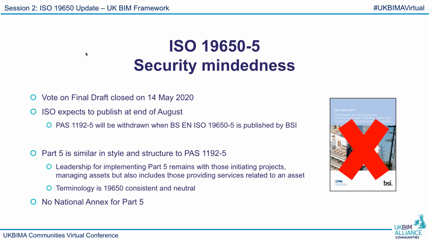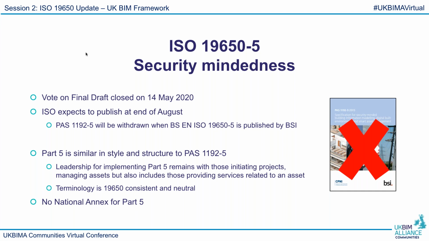Again, when it's published by ISO it will come down through CEN to BSI and then be published as the UK version, BS EN ISO 19650-5, and then PAS Part 5 will be withdrawn. But perhaps the slightly easier message is that ISO Part 5 and PAS Part 5 are much more similar in their style and structure.